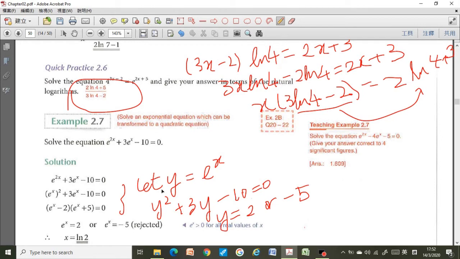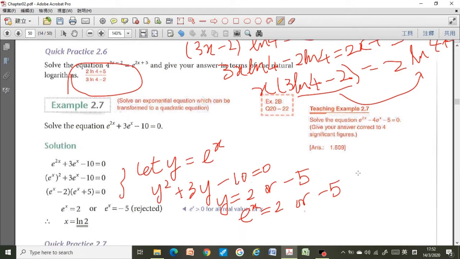And because you put y equal to e to the power x, you will put it back. It is called a backward substitution. It's 2 or negative 5. But when you write it down in exponential form, this one cannot be a negative value, so you reject this one. And finally, you get the same answer, which is x equal to log 2.